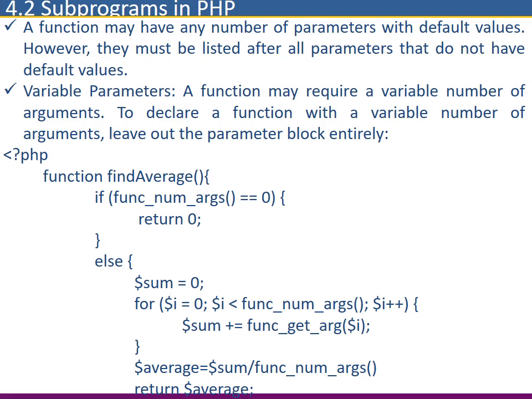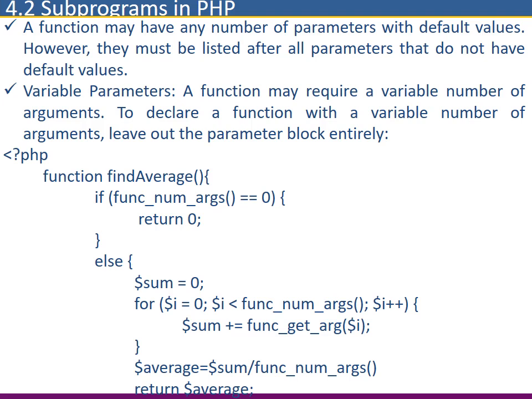That means we did not pass any argument here, so we return 0. We close that block. Else, otherwise, we open a block of code, and we initialize our $sum to be 0.